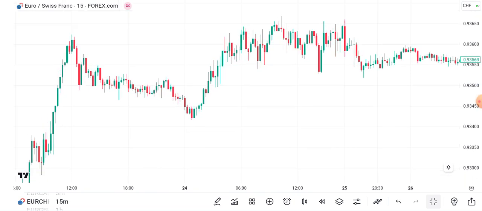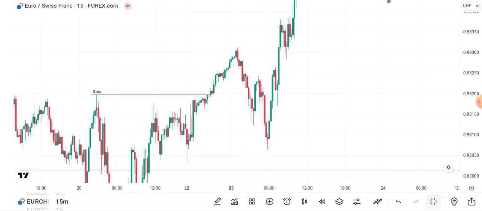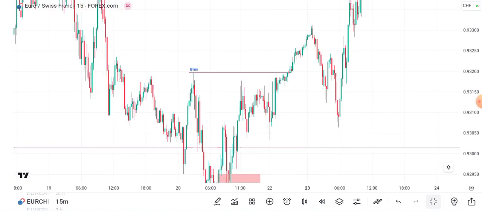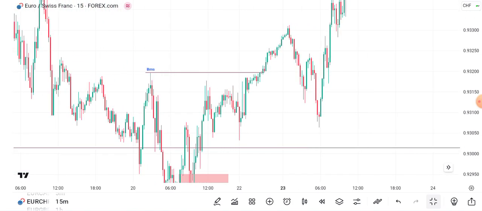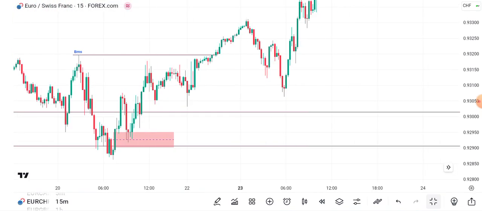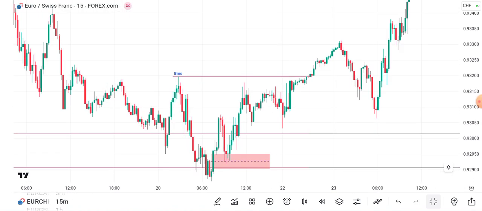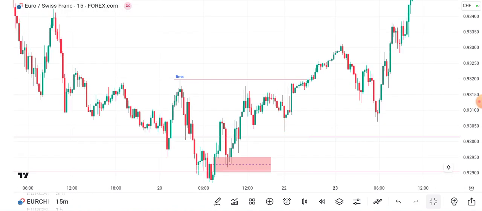So these are things that can help you take trades. Some of these setups need you to be patient for them to form. If you're not patient, you might go and burn your hands. So you need to be patient, you need to wait for it, you need to be able to see it and be sure that this is what I want to do.